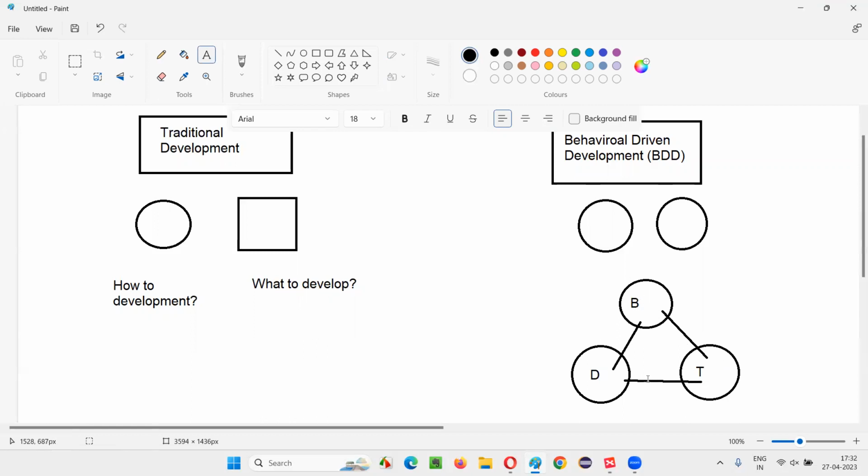Once those test cases are approved, then only the development team will take the test cases and start developing the code. You see, the importance is given to what is to be developed. There are test cases that need to be approved by the business team, and using those test cases, the development team is working. Such a thing exists in behavior driven development projects.